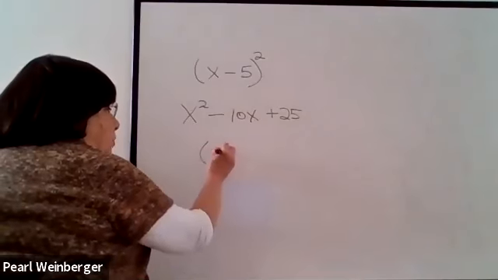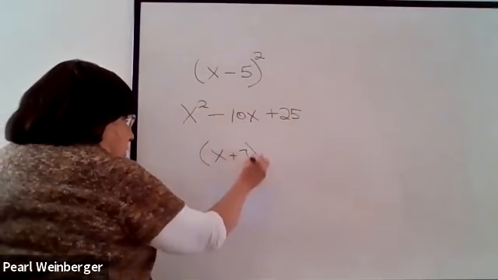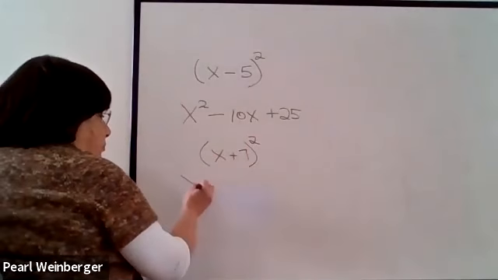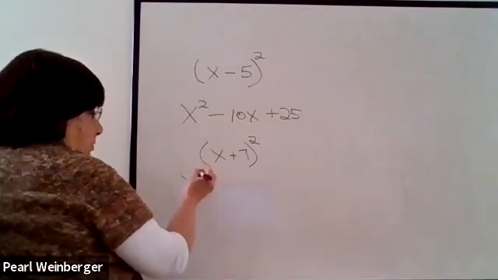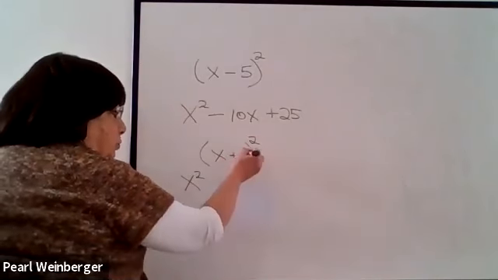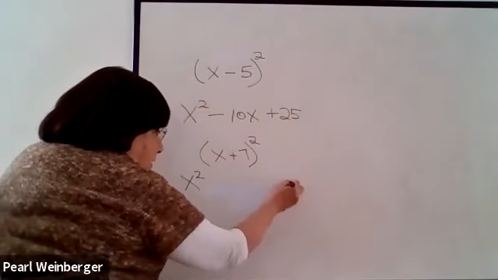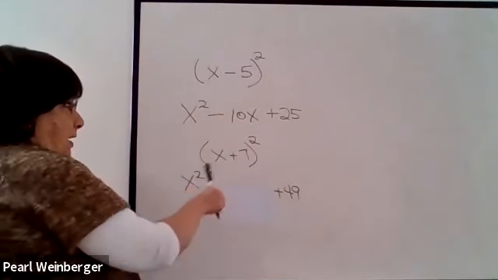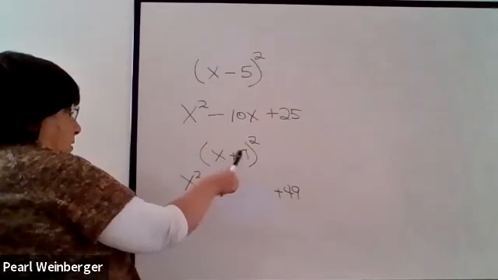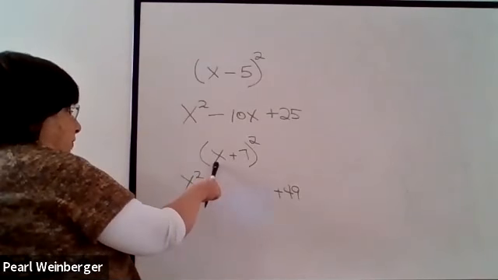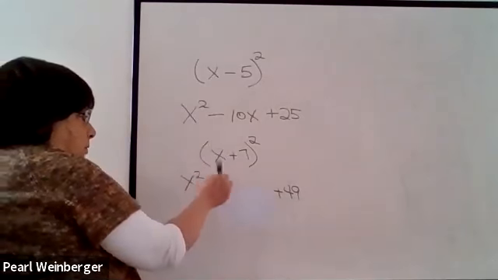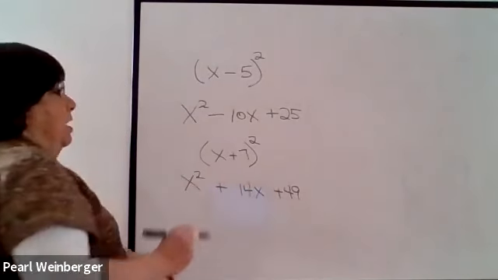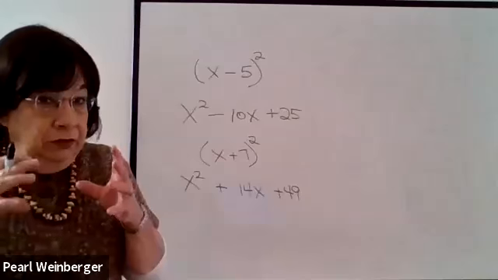What if I were to give you x plus 7 squared? We could do the same thing. Our first term would be x squared. Our last term would be the 7 squared, which is 49. The middle term that I'm skipping, I get by just multiplying these two together. 7 times x is 7x, and doubling it, multiplying by 2, gives me 14x. And that's true of any binomial squared.